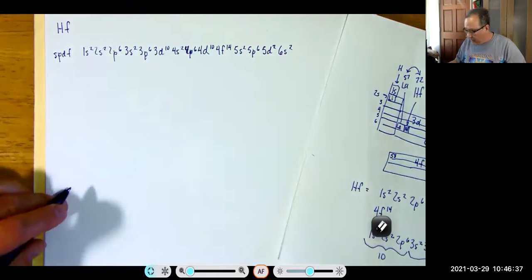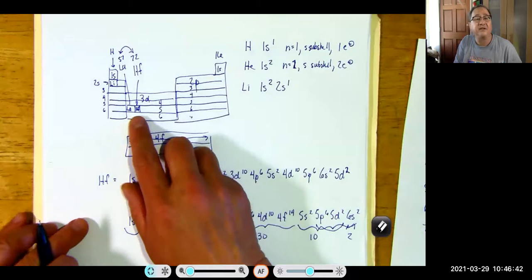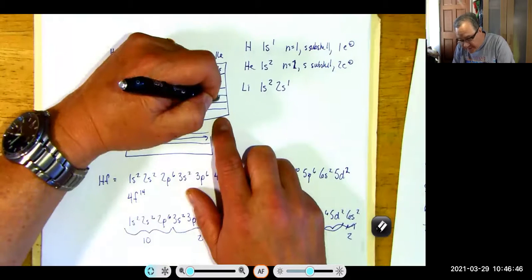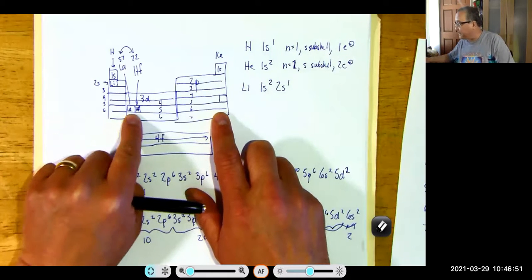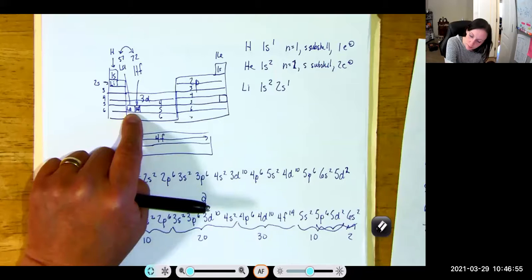Now, do you see where hafnium is right here? This is in the period before hafnium shows up. Hafnium shows up in the 6th period. In the 5th period, this is xenon.